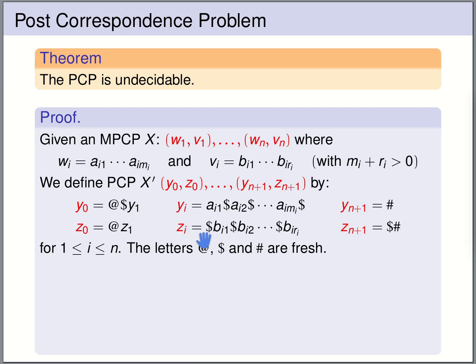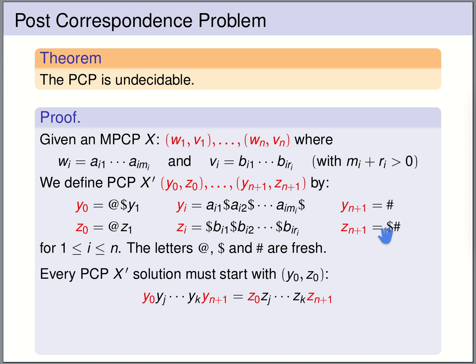So we cannot start with these pairs, we have to start with these pairs, and that's a modified version of pair number 1. So this basically means we have started with pair number 1. Then we can use these pairs, and then we have to end with a pair of this form. So any solution of our post-correspondence problem always must start with pair number 0 and must end with pair n+1.